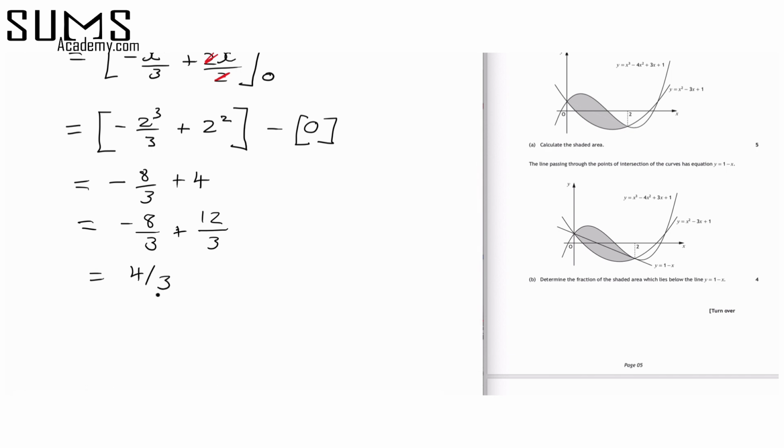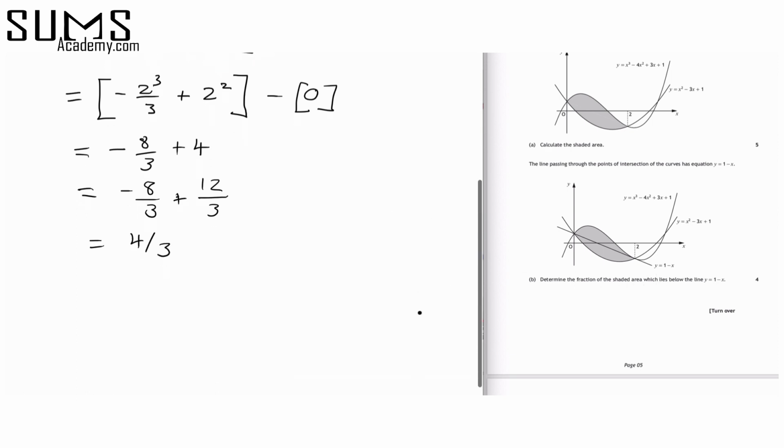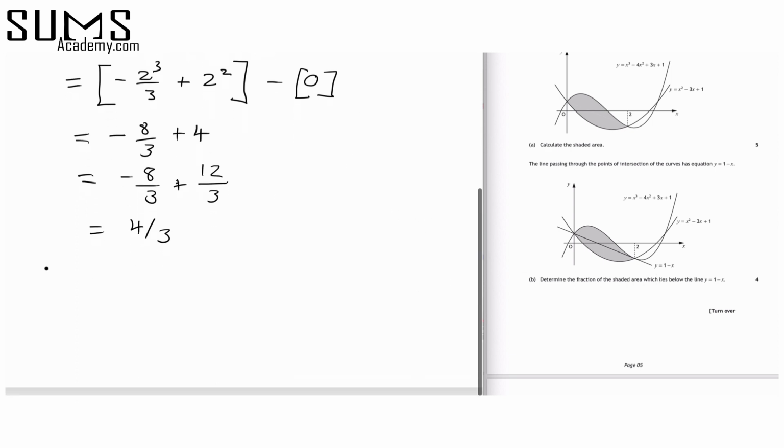So that just equals 4 over 3. Now this isn't our final answer, okay, because they ask us for the fraction of the shaded area. So you need to do something like this, fraction. Now you might just be able to spot it straight away, so the shaded area.